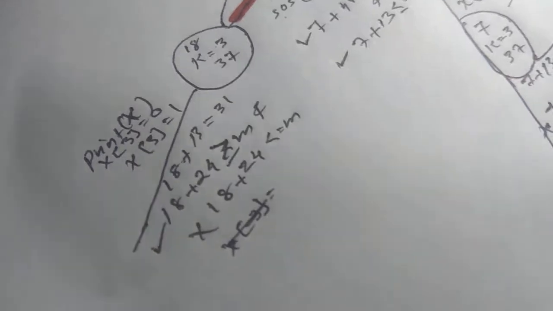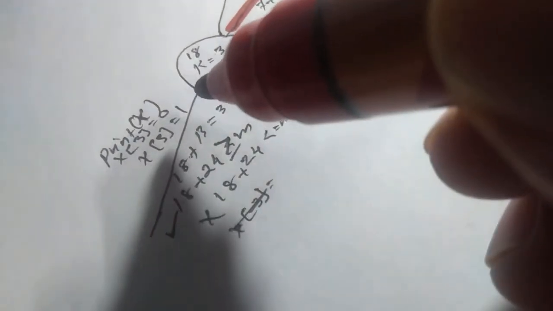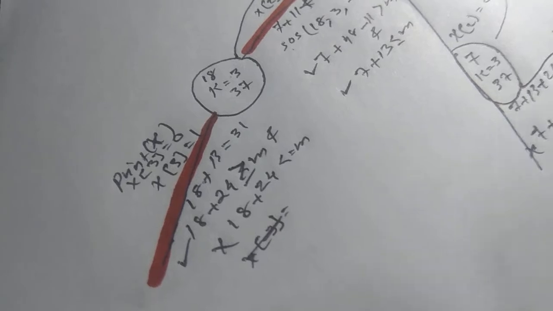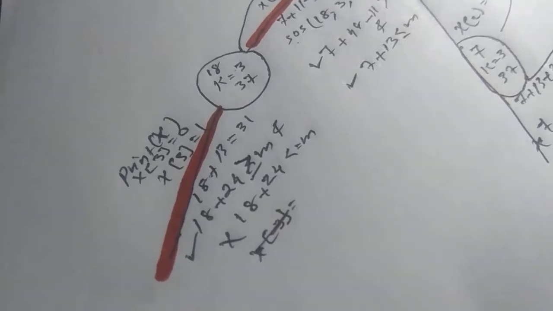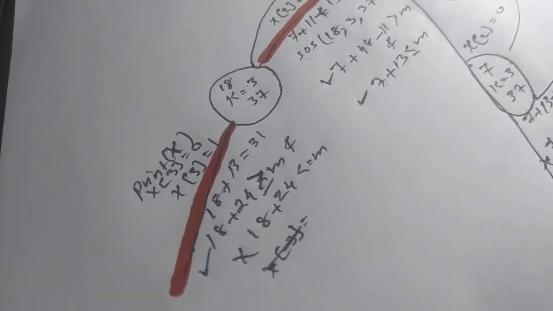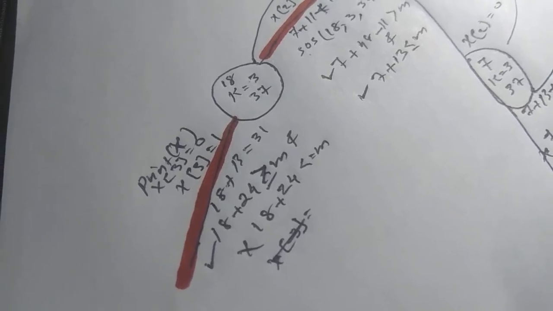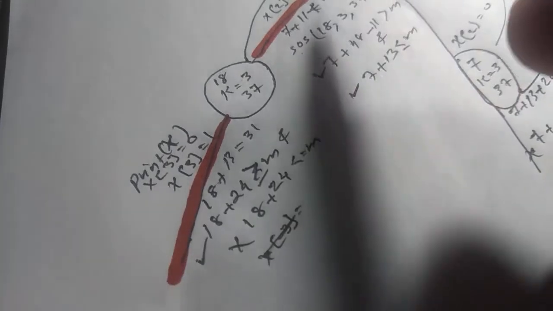Then what does this node have to do? First it has to make x3 equal to 1, that is blindly accepting. Then it has to check sum plus wk, that is sum is 18 and k is 3.